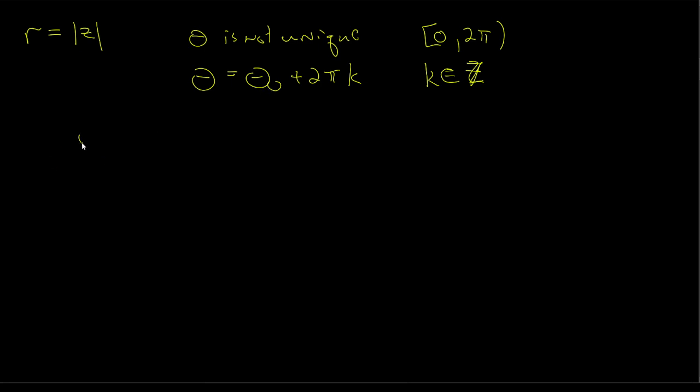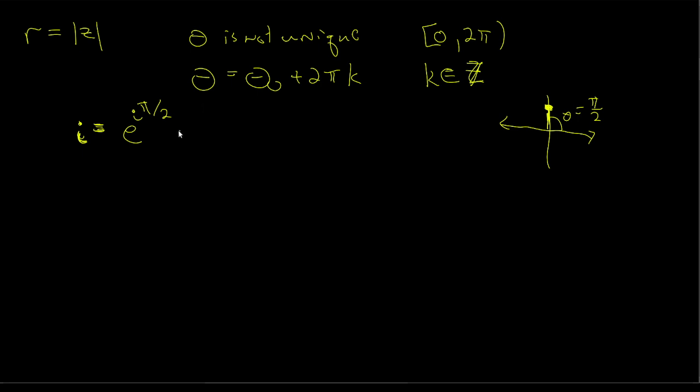So for example, if I want to look at i in polar form, i has a magnitude of 1, and if I look at my polar form, that's going to be here, or when theta equals pi over 2. And so I can write this as e to the i pi over 2.